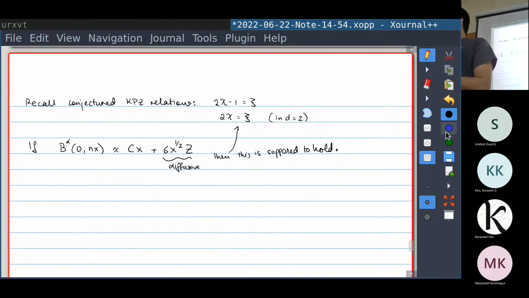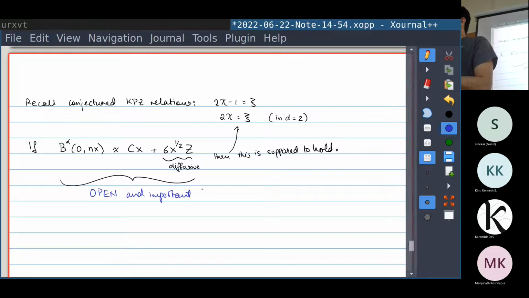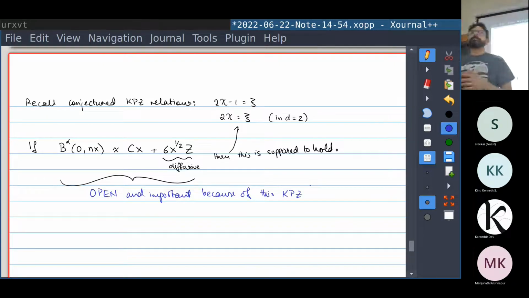And this is probably one of the main open questions in this paper. Open and important because of this KPZ connection, which is connected to all these other questions about random matrix theory.